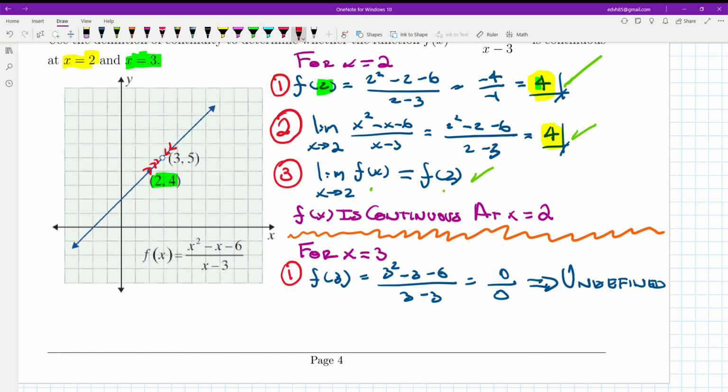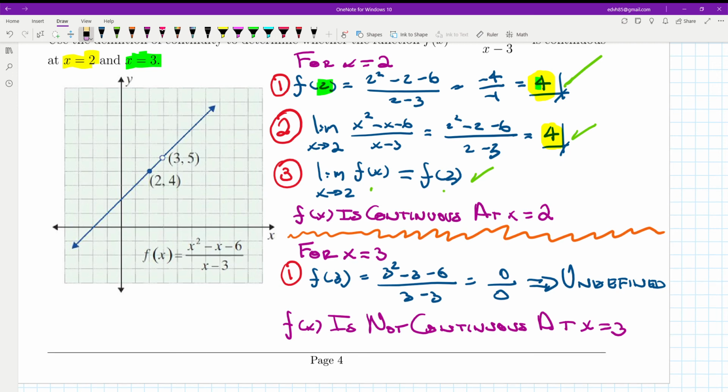However, because the function is not defined, the function f of x is not continuous at x equals 3.